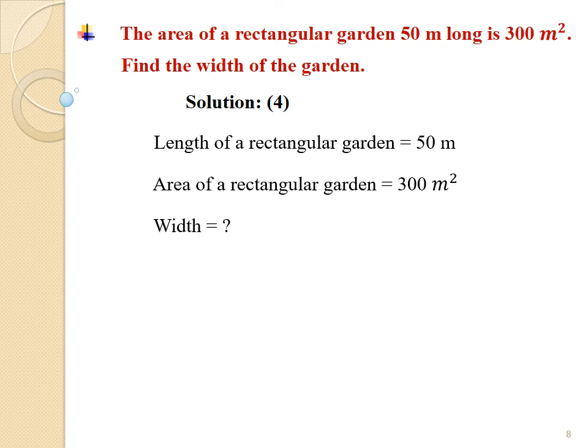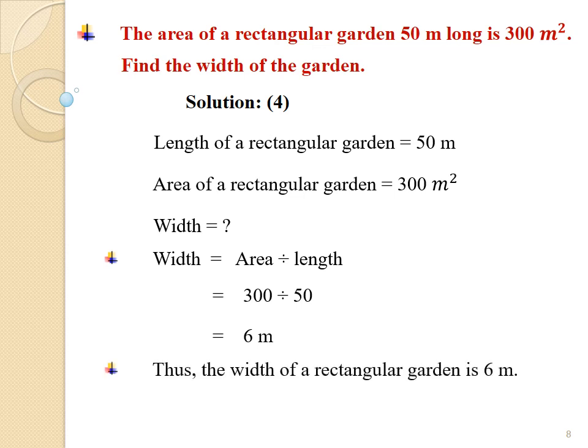Thus, width of the rectangular garden equals area divided by length equals 300 divided by 50. Now, dividing 300 by 50, we get 6 meters. Thus, the width of the rectangular garden is 6 meters.